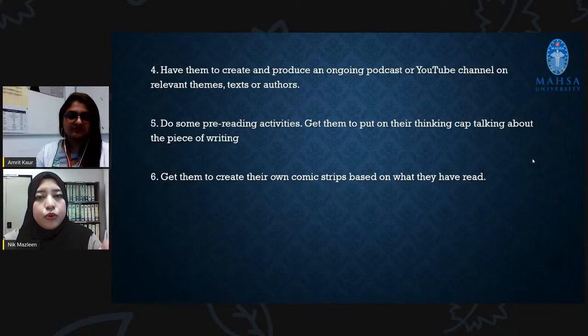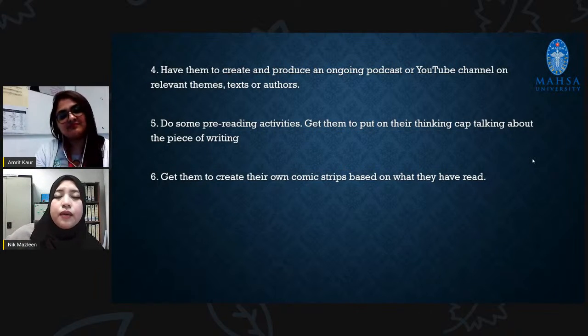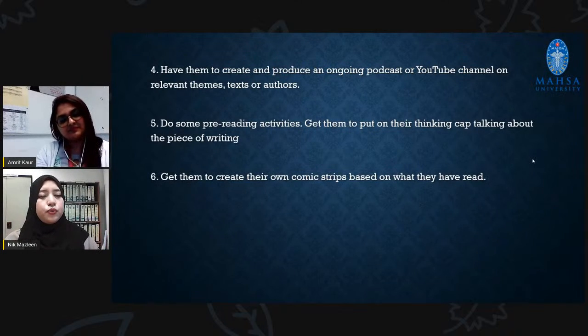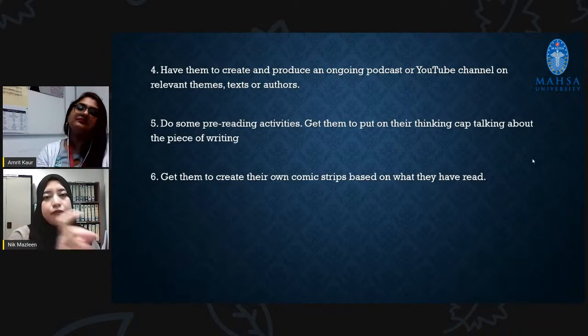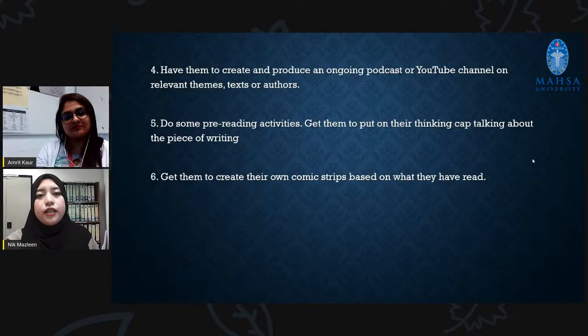Instead of role play or recording a video or podcast, you can ask them to create a comic strip, but put them into groups, because comic strips are quite difficult and depend on their artistic skills. Each group should have one or two students who are very good or talented in drawing.